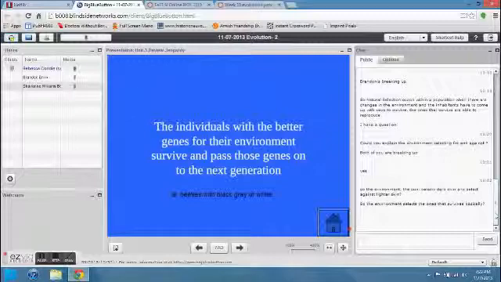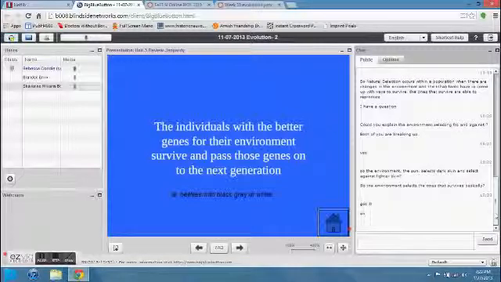Yes. So the environment selects the better traits. And then if it selects against something, it means that somebody is less fit, less likely to survive. So we'll keep going.